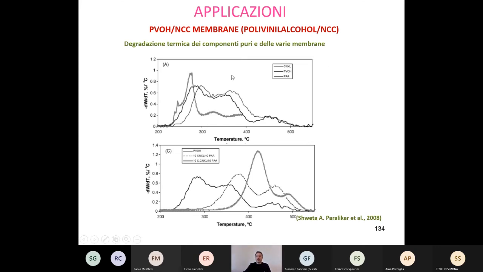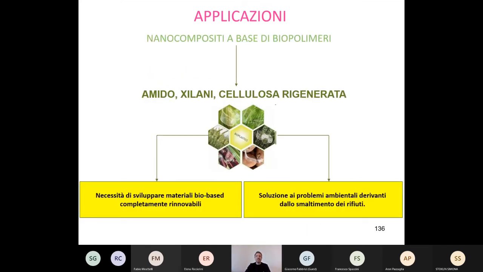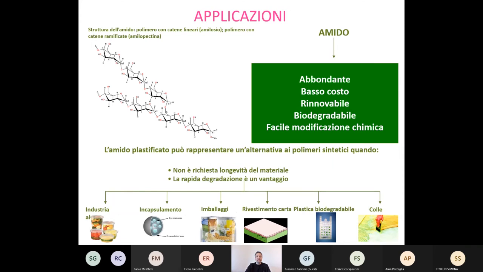You can see how many possibilities there are: plastic or bioplastic bags, a lot of industrial packages, bio packages for food, for example, drug delivery, in general packages of every kind. So it's a sustainable way to introduce biopolymers into a lot of applications.